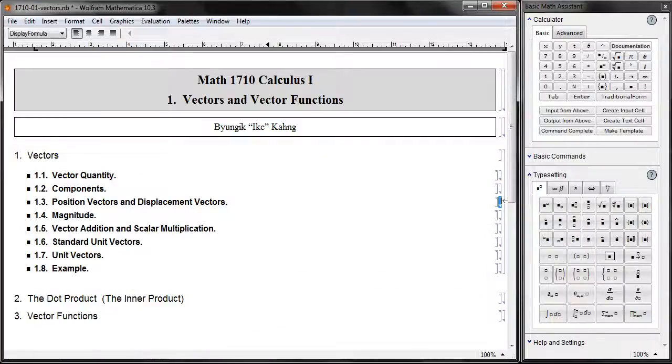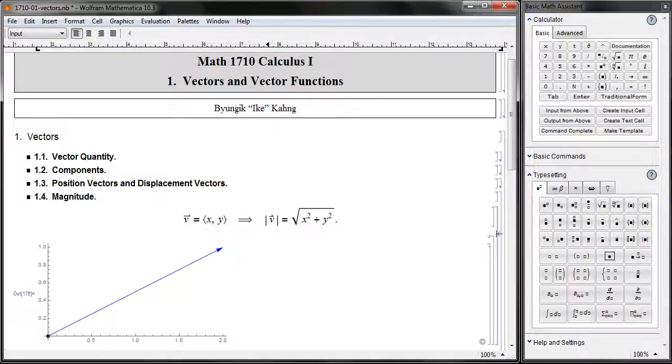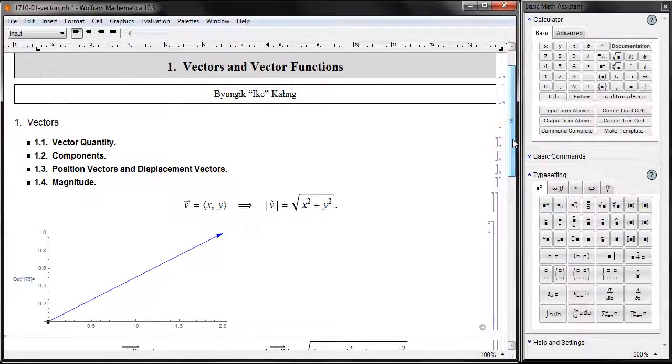Now, we talked about some concepts of vectors. Let's talk about some formulas. Magnitude. Well, pretty simple, isn't it? How do you get the magnitude of a vector from (0, 0) to (x, y)? It's just the distance from the origin to the tip of this arrow, and using the distance formula you're going to get that.